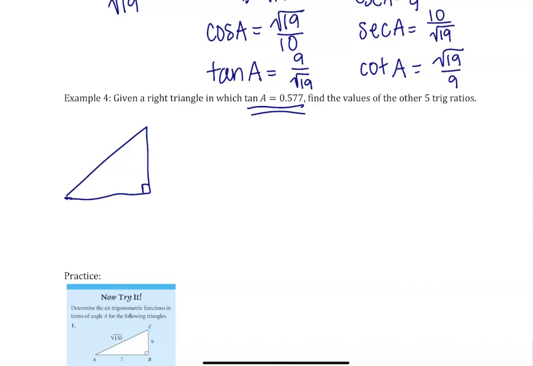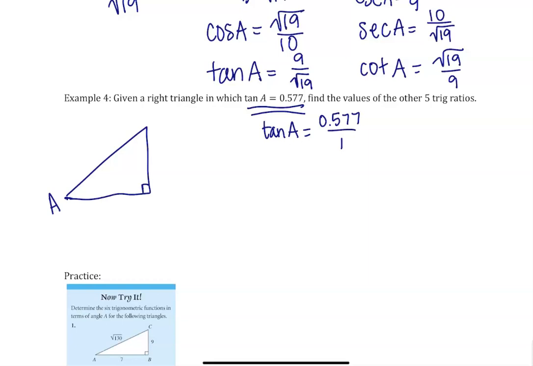Think about similar triangles. If we have similar triangles, the ratios will be the same. They might be larger numbers or smaller numbers, but it'll still be the same ratio. So even though it's a little weird, it's perfectly okay for us to say that tangent A is going to be 0.577 over 1.